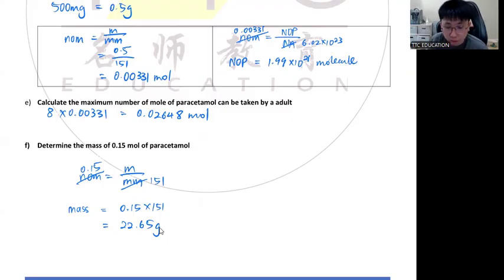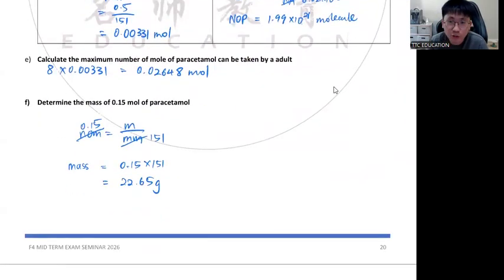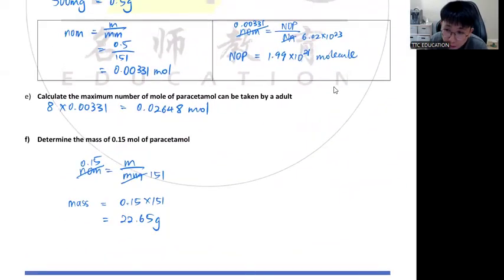Do you even need to know why the paracetamol looks like this? No need. In the exam, make sure you don't get nervous when you see something and think, teacher, what is this? Guys, don't worry.